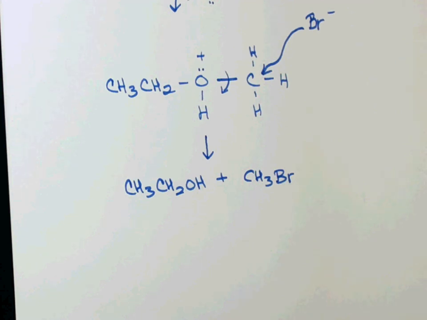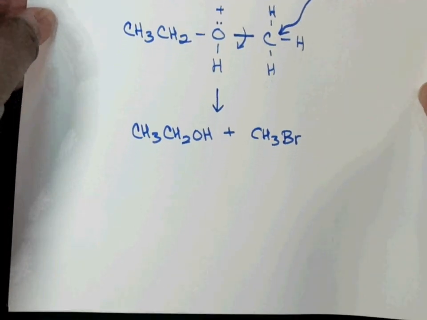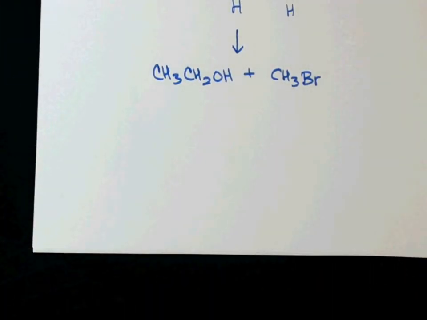So unless there are some kind of steric considerations that we need to take note of, it really doesn't matter where the bromine will hit. Excuse me, the bromide. It doesn't really matter where. Okay? So, is the reaction done? No, not even close.